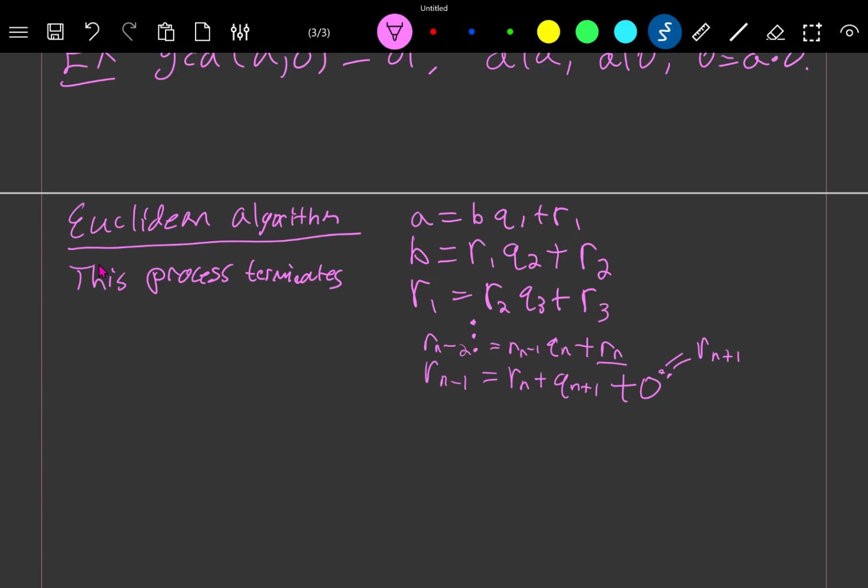So the last non-zero remainder is the GCD of A and B.